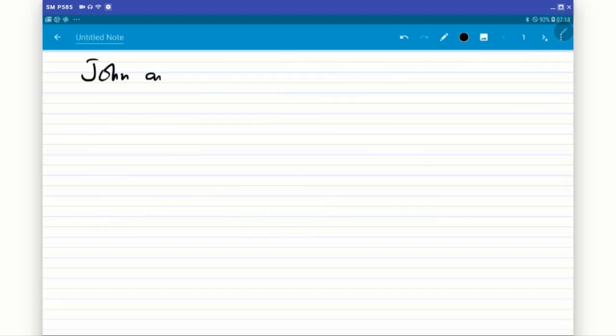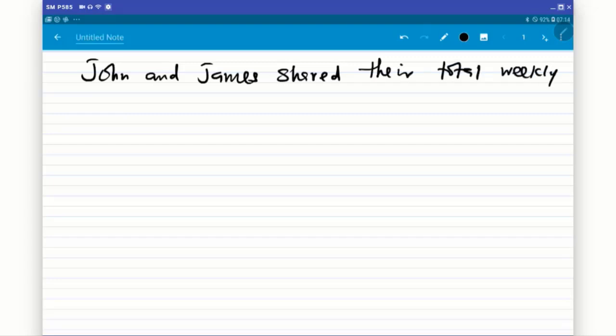John and James shared their total weekly wage in ratio 3 to 4.